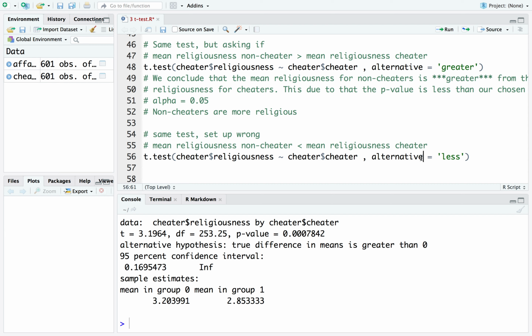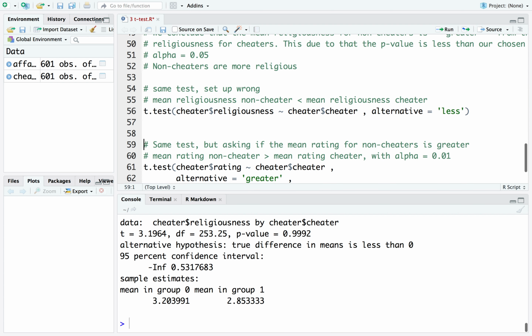So in other words, maybe you were assuming that people that were religious were more likely to cheat, so the mean religiousness for non-cheaters is less than the mean religiousness of cheaters. I'm sorry, you're thinking that non-cheaters are going to be less religious.